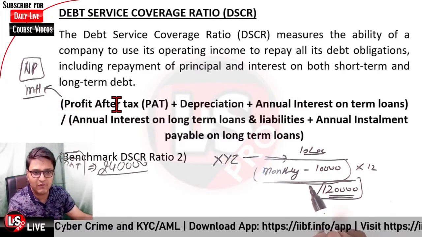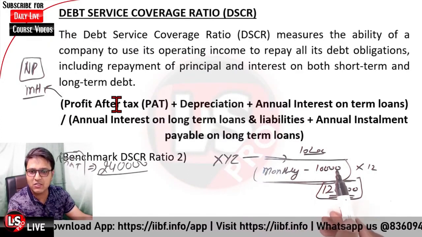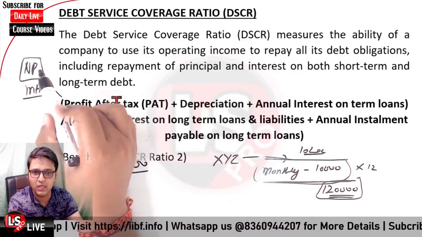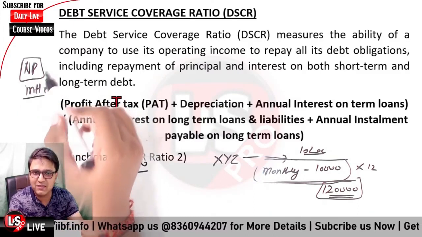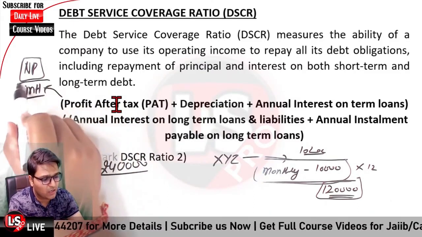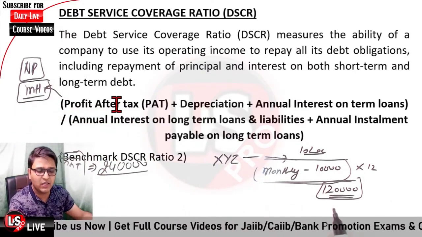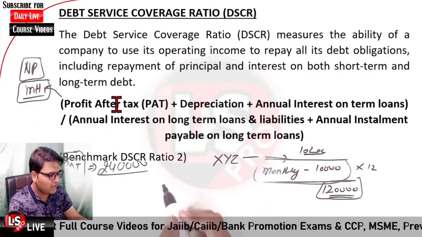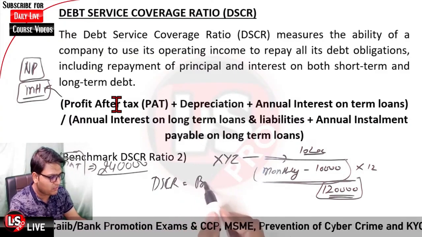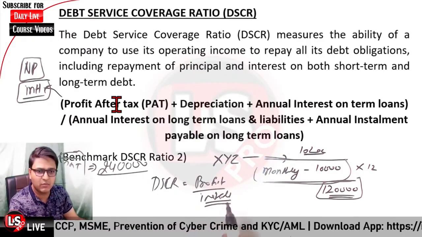If I have taken a loan of rupees 10 lakh, I am also subtracting the interest component of the loan from the expenses on the expense side, so as to ascertain the net profit. So that component is also my income. If I am to calculate DSCR, simply it would be my profit divided by my installment. In basic layman terms, that is the formula.